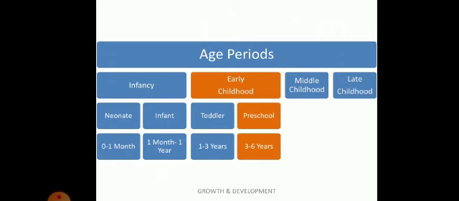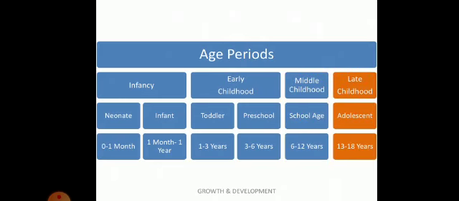Before 6 years it is considered preschool, or we say the child is in the pre-primary session. So 3 to 6 years is preschool. Then school age, which is 6 to 12 years. And adolescent, which is 13 to 18 years. Clear?